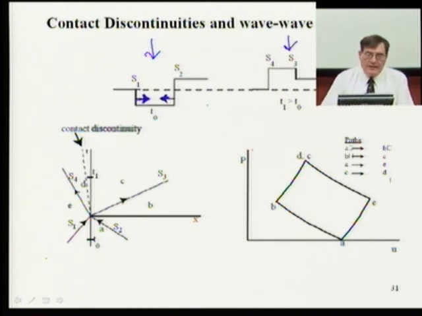The XT diagram for this is down here, where you have the first shock, S1. The collision point is the x equals 0 axis, where these two shocks really collide.